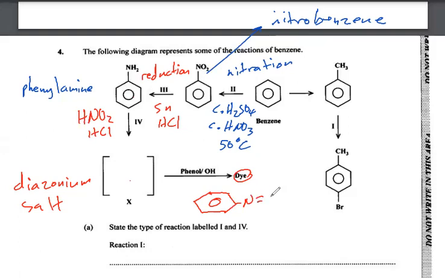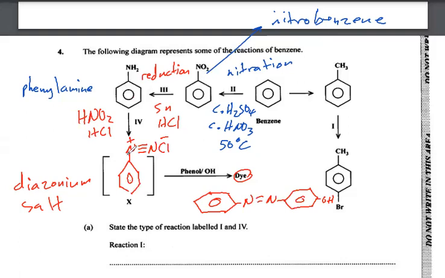All you need to do is remember the salt: a nitrogen to nitrogen triple bond, then chlorine with a negative sign, and this nitrogen with a plus sign. Good job.